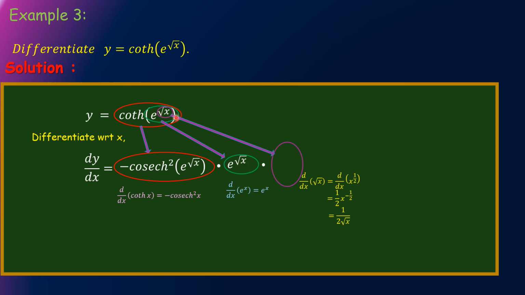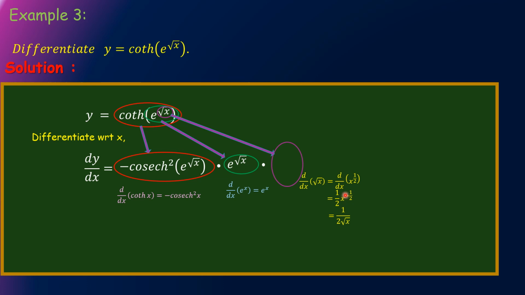And then when we differentiate root x, firstly we need to change root x to an exponent, x to the power of half. Then we can differentiate using the power rule. We move half to the front, x, and then negative half. Why negative half? Because we subtract 1 from the original power.